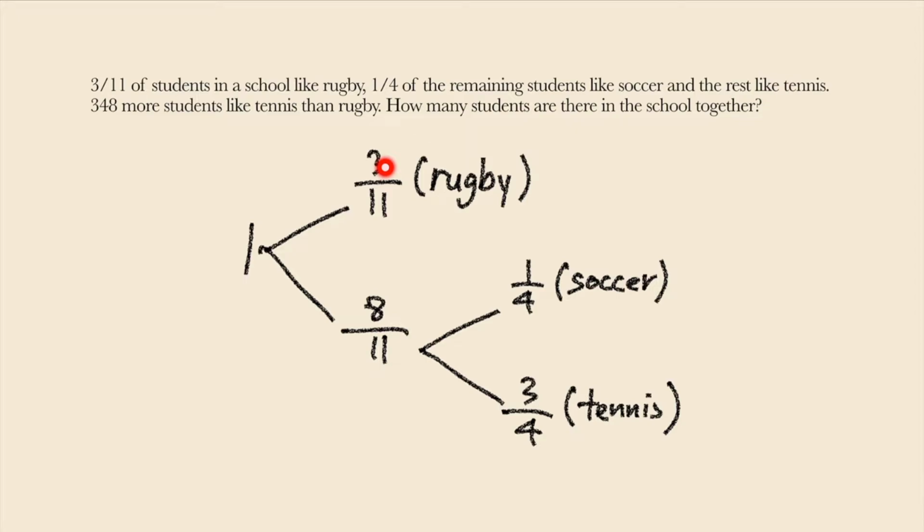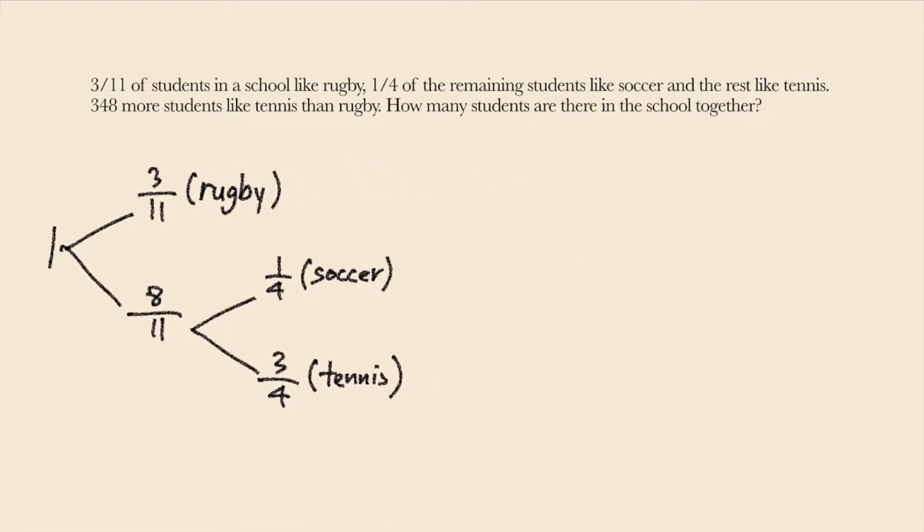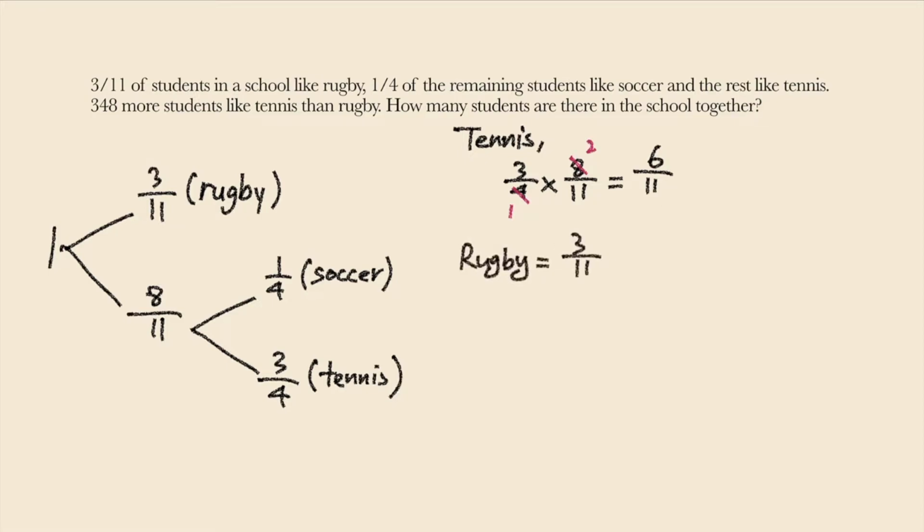But if you're comparing with students who like tennis, it's not 3 out of 11 versus 3/4. No. From here, I would make everything clear. So what fraction like tennis? It's not 3/4. It is actually 3/4 of 8/11, which is 6/11. Isn't that nice?